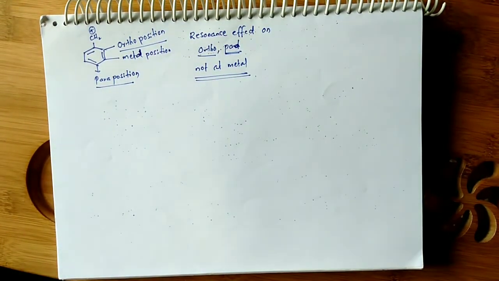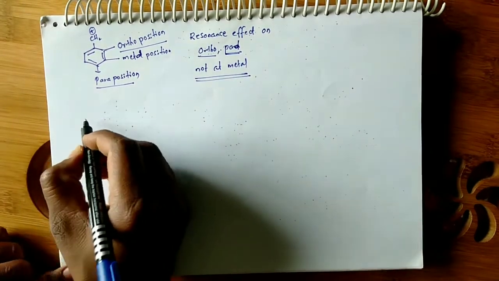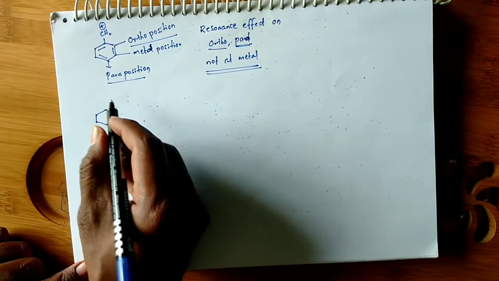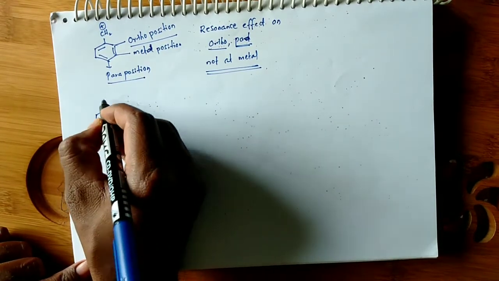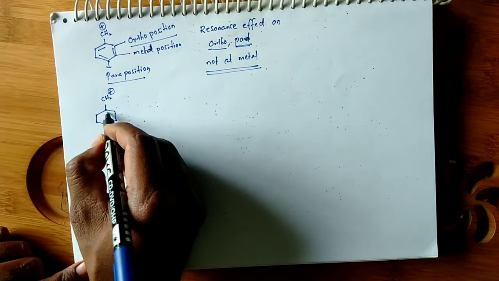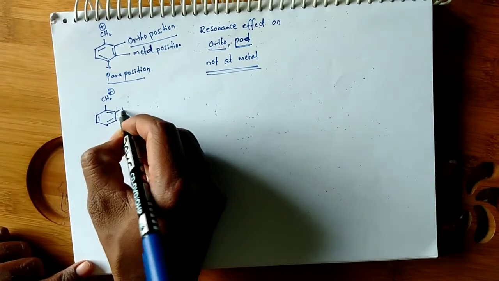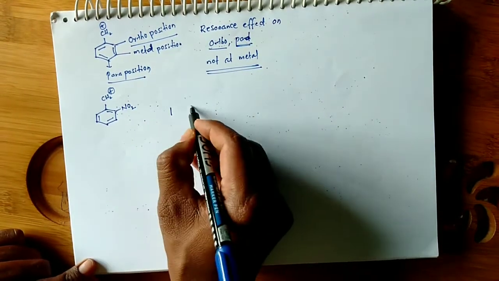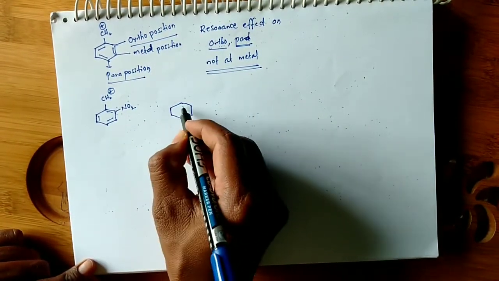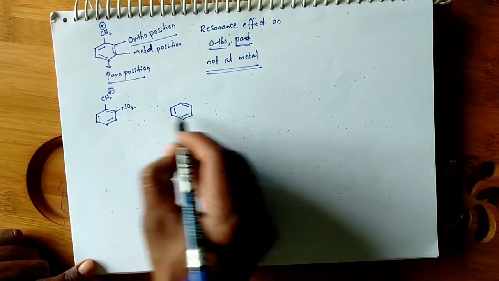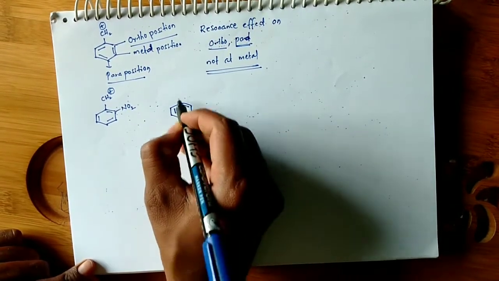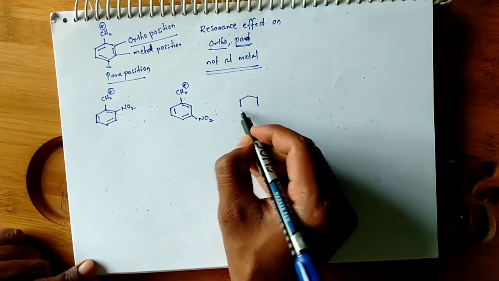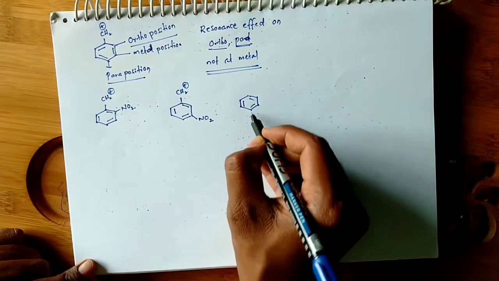Clear? First case, let us consider the benzyl carbocation with an electron withdrawing group. I am taking one electron withdrawing group, NO2: NO2 at the meta position, NO2 at the ortho position, and NO2 at the para position.